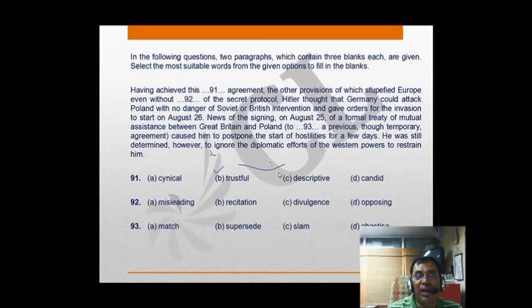But I'll go back, I'll check it out. Right now I have this choice between trustful and descriptive. Even with divergence of the secret protocol. Okay, divergence of the secret protocol. Okay.